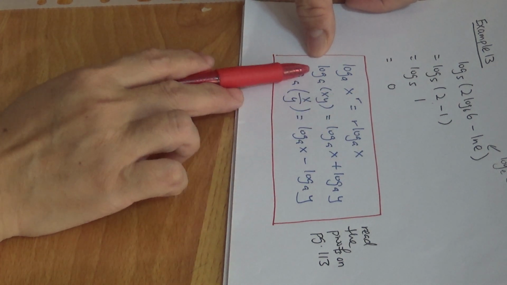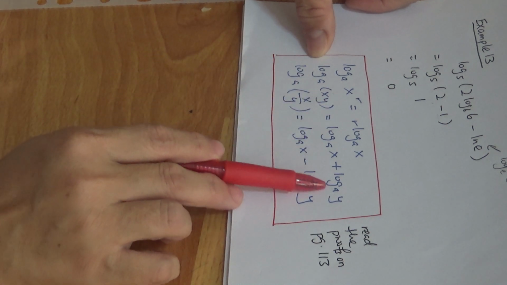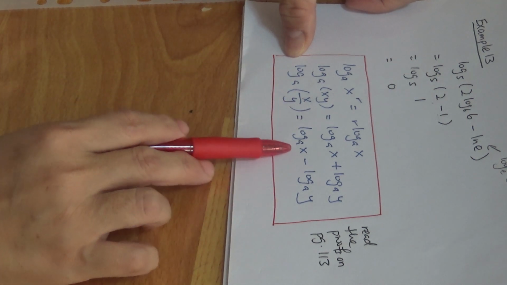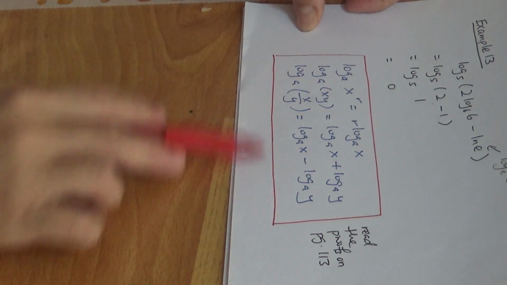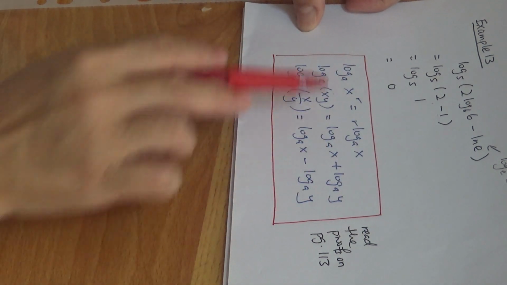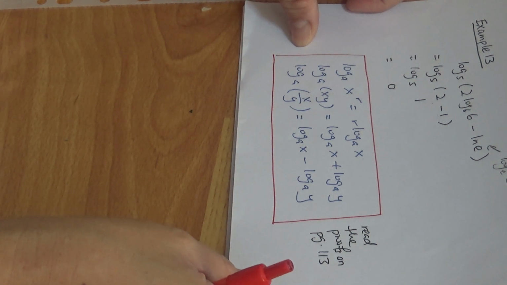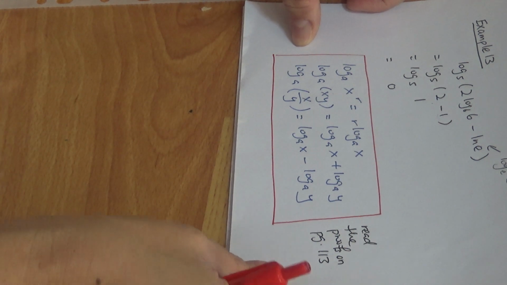If I have log_a (xy), it means log_a x + log_a y. Log_a (x/y) means log_a x - log_a y. These three laws can be found on page 112. Take a look at these three laws and I'll teach you how to apply them in the following examples.